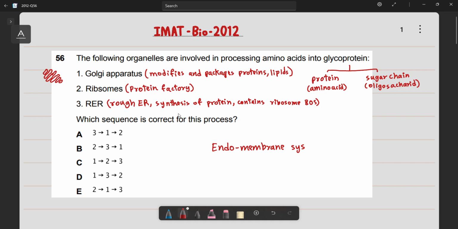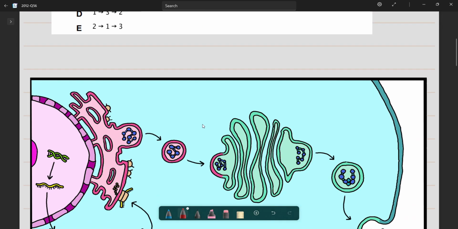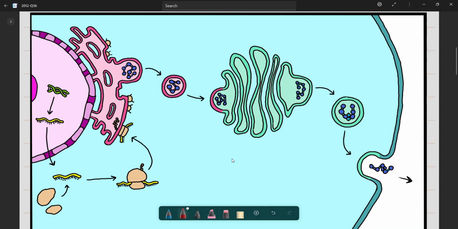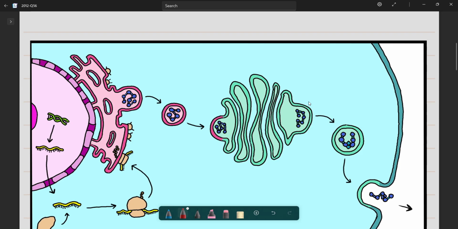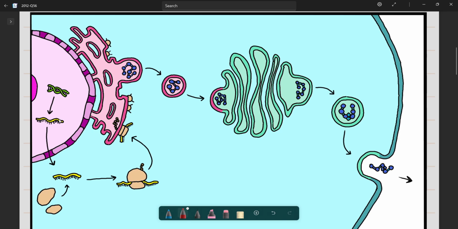But I've drawn a diagram real quick so that we can discuss this. This is a very basic and clear diagram related to this question, which is the endomembrane system. Now I'm going to label the parts of each of them. This purple thing that you're seeing here is basically a nucleus.